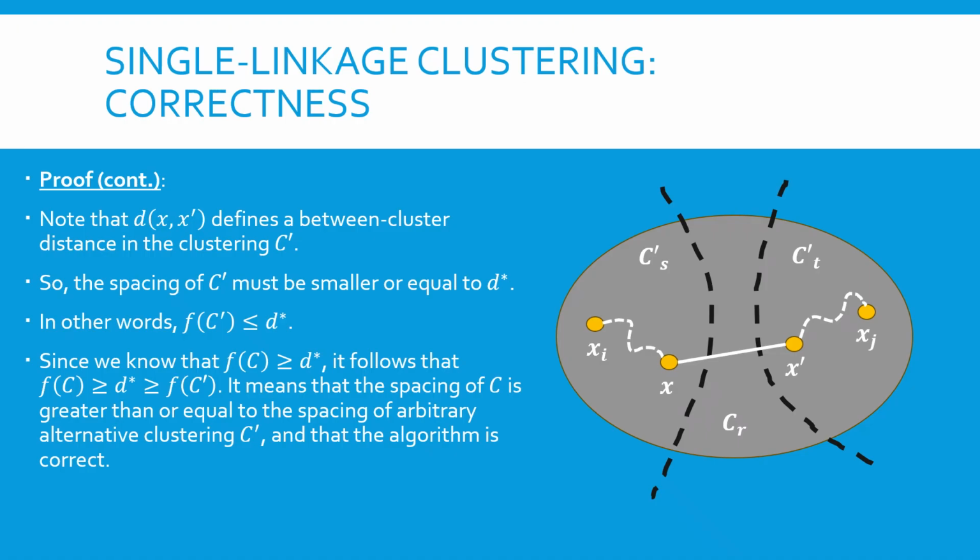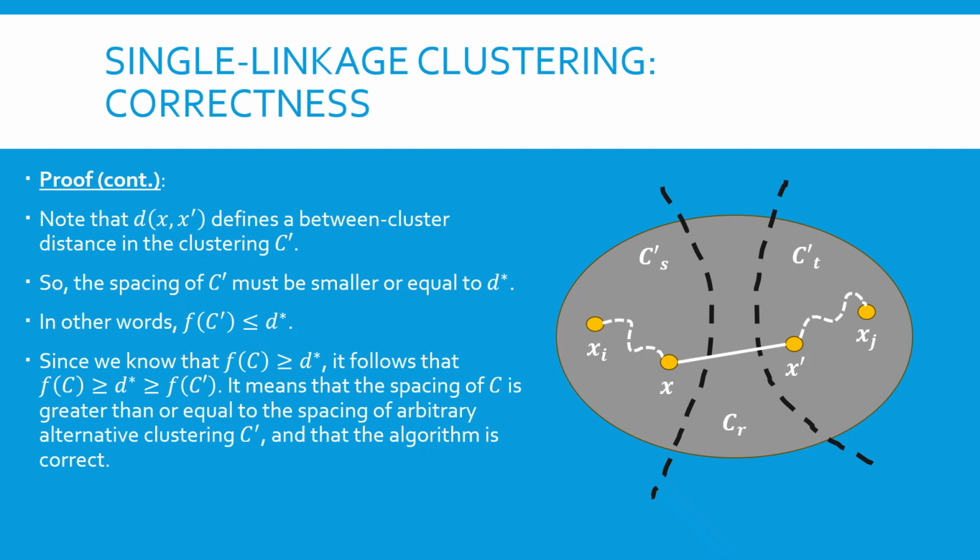Because fC prime is defined as the minimum spacing between any pair of clusters in C prime, we must have fC prime less than or equal to dxx'. Combining this with the earlier results, dxx' is less than or equal to d star, and d star is less than or equal to fC, we get fC prime less than or equal to dxx' less than or equal to d star less than or equal to fC.